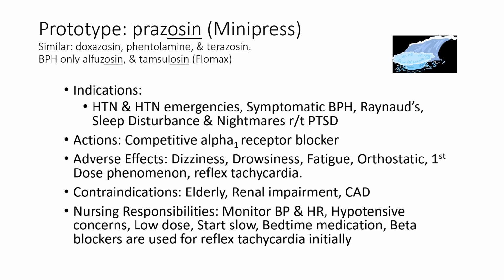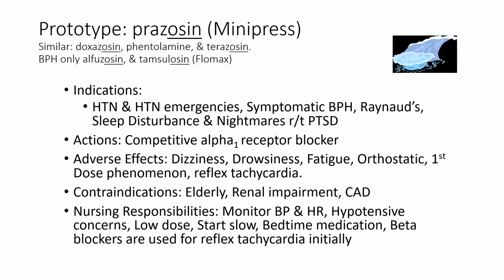And often we will combine a medication such as a beta blocker with an alpha-1 blocker for blood pressure. And why would we do that? Well, if we can vasodilate the blood vessels with an alpha-1 blocker, such as prazosin or terazosin, I mentioned that the heart will speed up to try and compensate for the vasodilation and the lowering blood pressure.